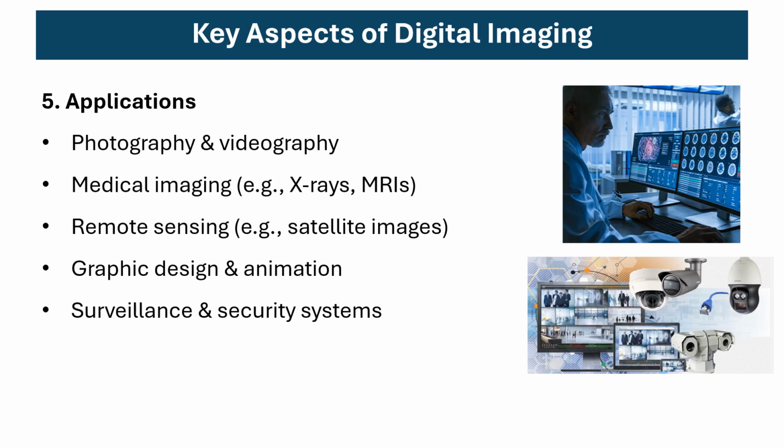But also, satellite images can be used in remote sensing. We use images in graphic design, in animation, and in security system surveillance. So all these digital images captured by different kinds of devices are useful in various and different ways.